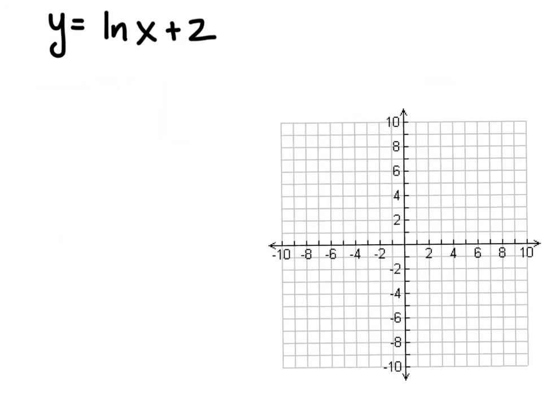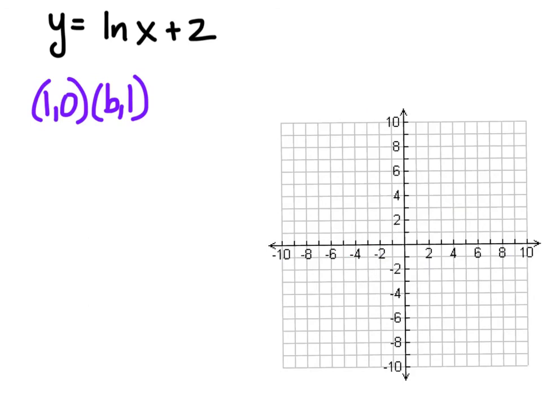For our last example, we're going to do y is equal to the natural log of x, plus 2. Okay? So I'm always going to start with my 1, 0, b, 1. Now, the tricky part of this one is, what is the base?